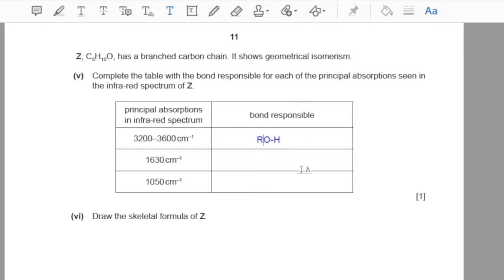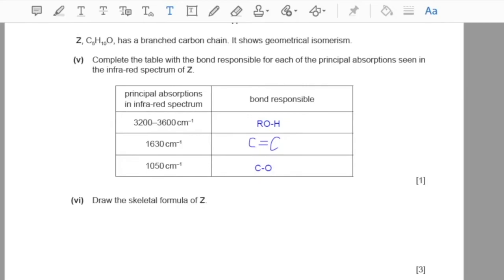R indicates that any methyl, ethyl, or any alkyl group is present on the left of the oxygen atom. The bond responsible for the 1630 per centimeter peak is the double bond between carbon atoms. The bond responsible for the 1050 per centimeter peak on the infrared spectrum is carbon single bonded to O.